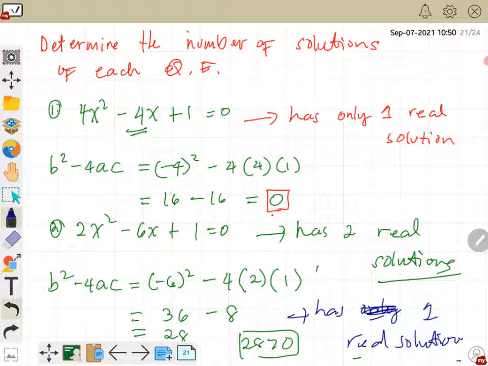That's how we determine the nature of roots of quadratic equations. Either it has two real solutions, one real solution, or no real solution at all.